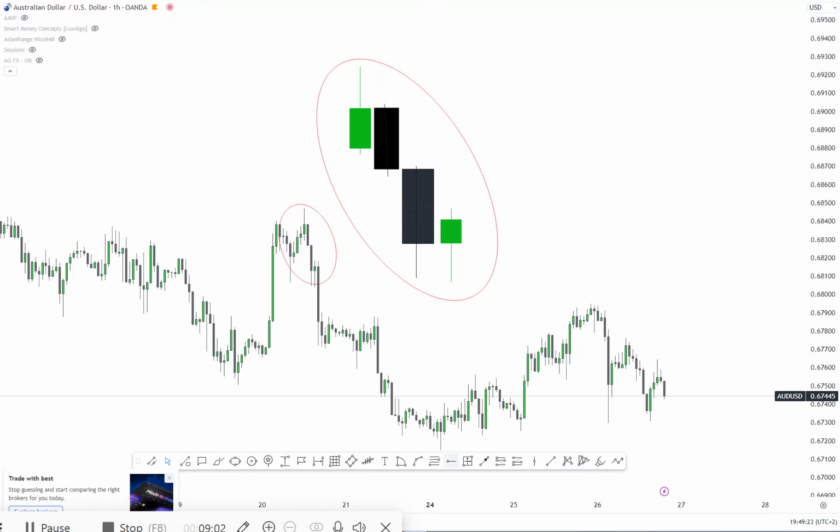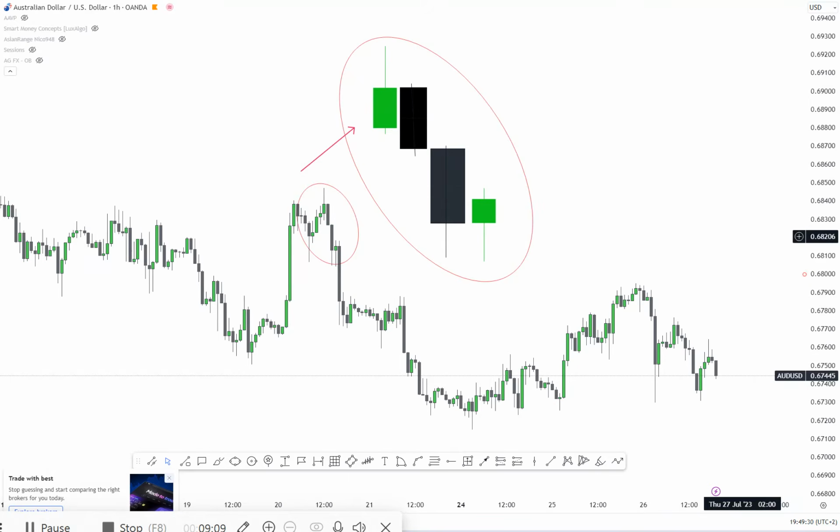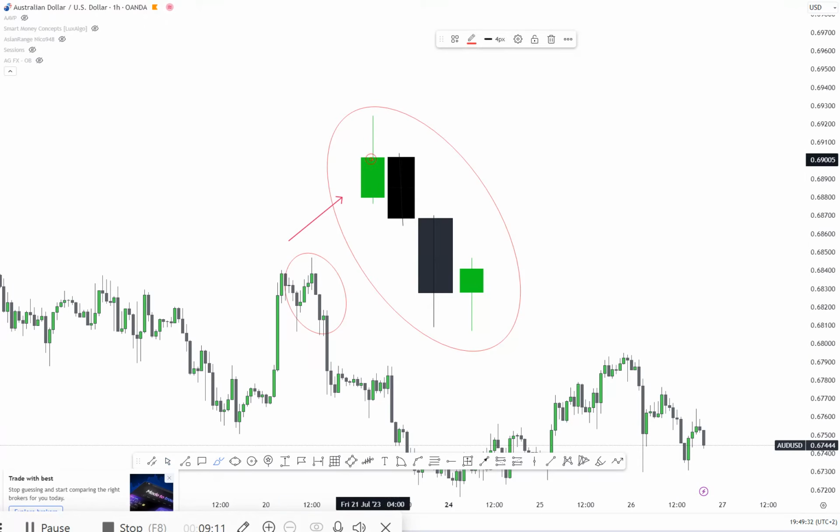If we see here, the same structure is here. We have zoomed in. Now we can see this is our first candle, this is our second candle, and the third candle is here, like this one. So how do we find the imbalance?